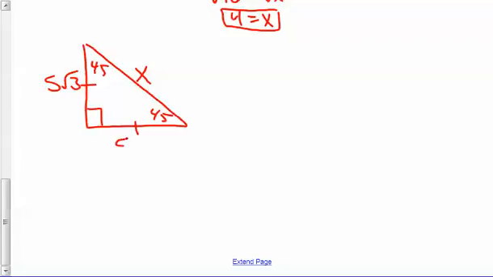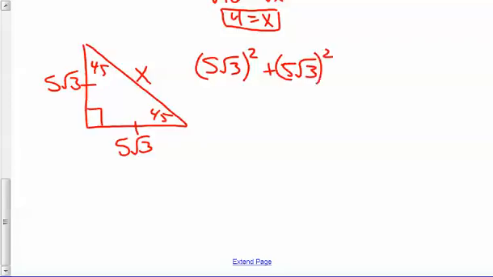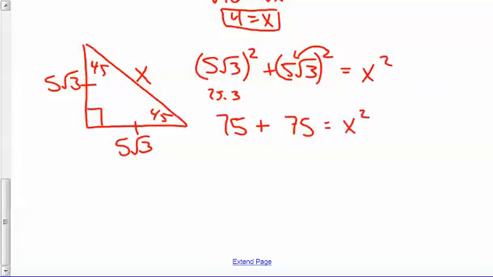All right? 5 root 3. So I have 5 root 3 squared in parentheses plus 5 root 3 squared in parentheses equals x squared. So 5 squared is 25 times 3, which is 75, plus 5 root 3 squared, which is 75, equals x squared.